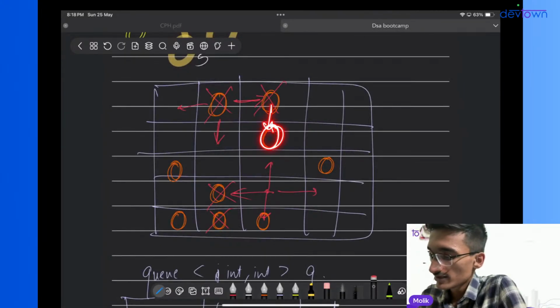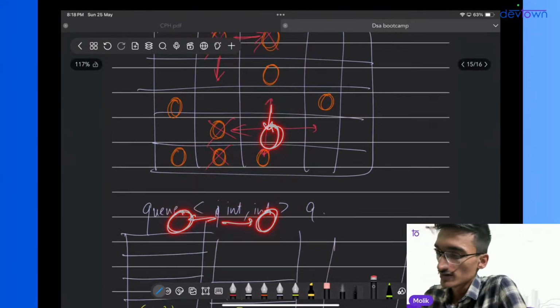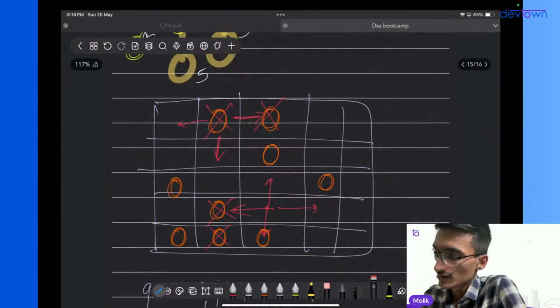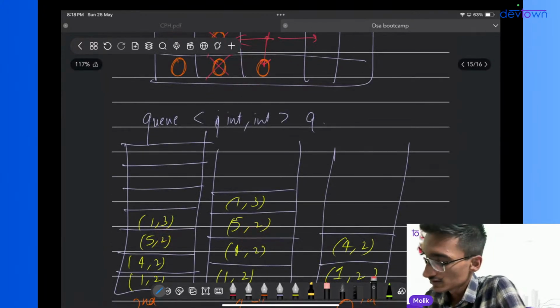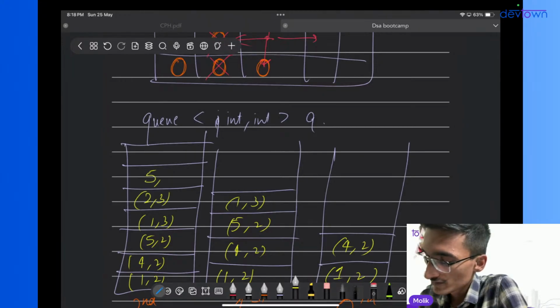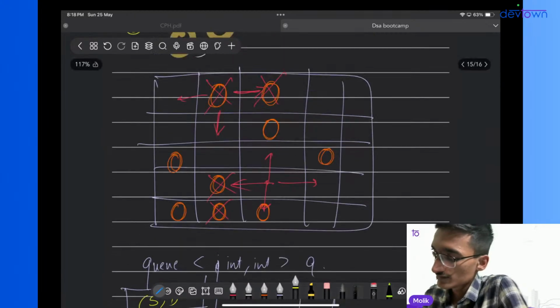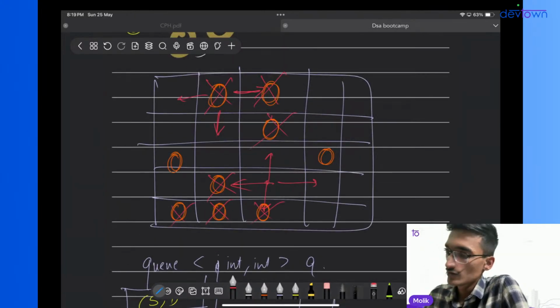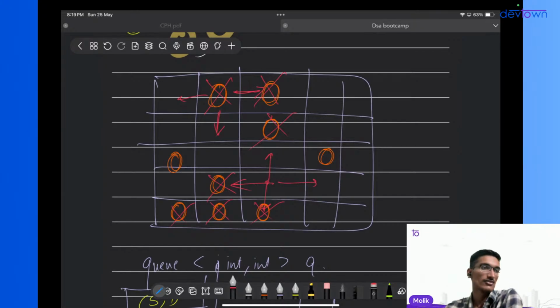This orange, this orange, and also this orange will be infected because they are the neighbors. This is 2 comma 3, 5 comma 1, and 5 comma 3. No other orange will be infected, so the BFS stops here.